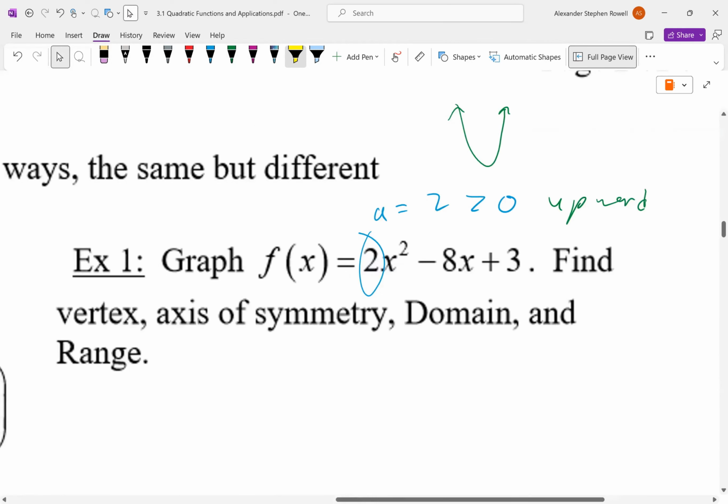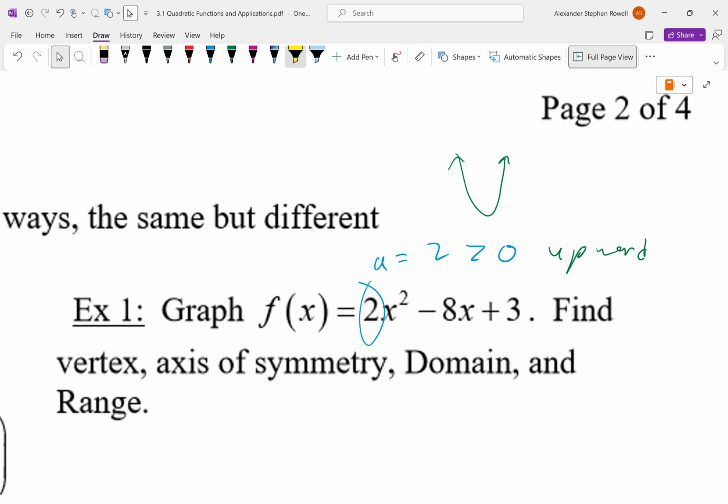Why is that true? Why does the lead number tell us if it's upward or downward? So let's say I graph a parabola, if it's an upward U, it's based on really, if I go far to the right or far to the left, is it going up or down? So far to the right are values of x like what? What's the x value that's far to the right?